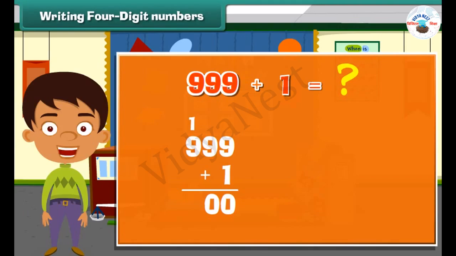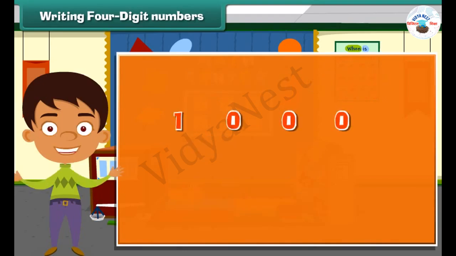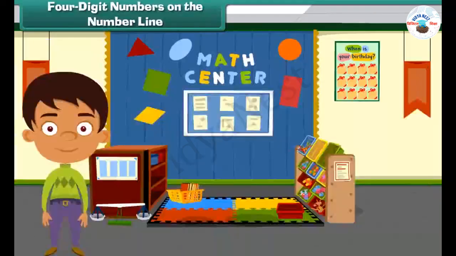Again, 9 plus 1 is equal to 10. Write 10. 999 plus 1 is equal to 1,000. 1,000 is the smallest 4-digit number. A 4-digit number has 4 places. Starting from the extreme right, there are ones, tens, hundreds and thousands.